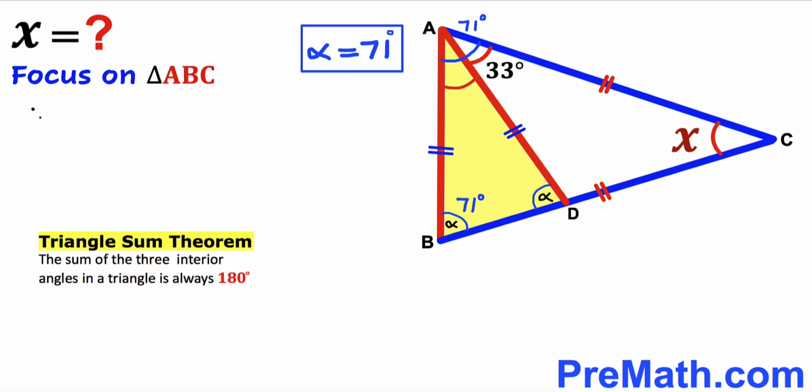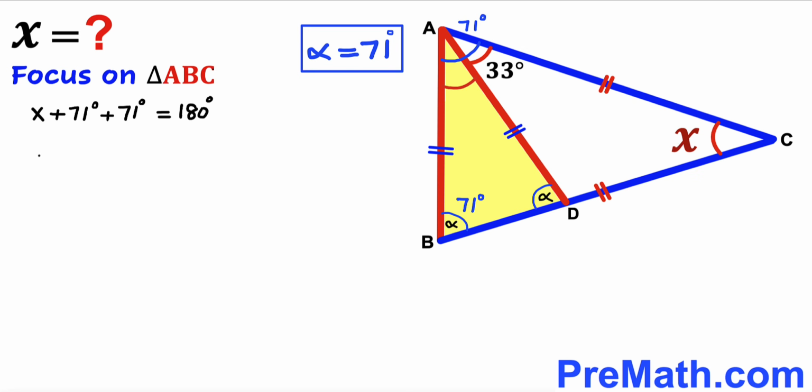So therefore, we could write angle x plus 71 degrees plus likewise 71 degrees equals to 180 degrees. Let's combine the like terms. So we got angle x plus 142 degrees equal to 180 degrees.